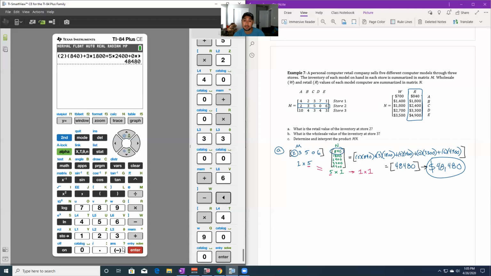B, what is the wholesale value of the inventory at store 3? So this means we take store 3's row and multiply it by the wholesale row.